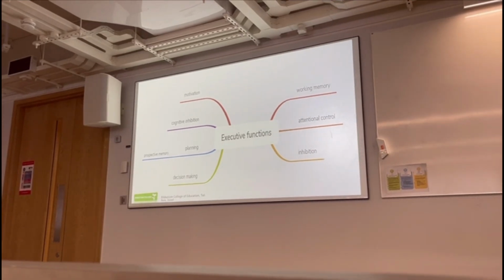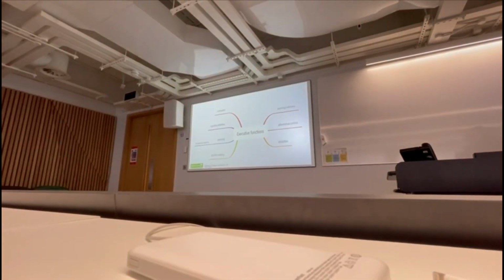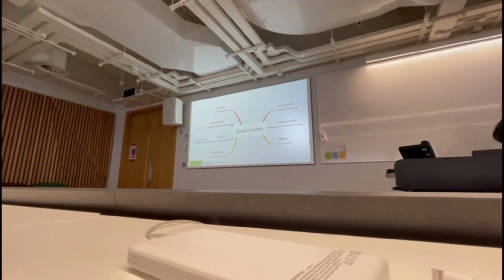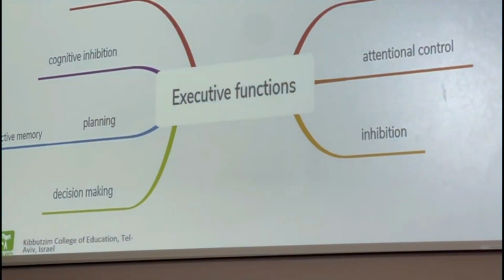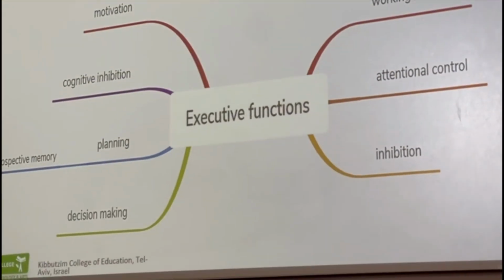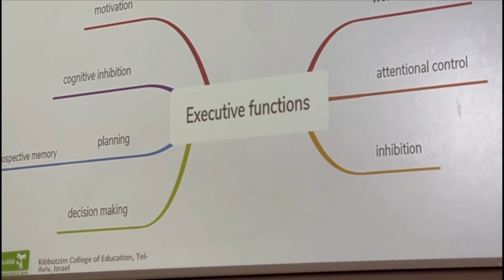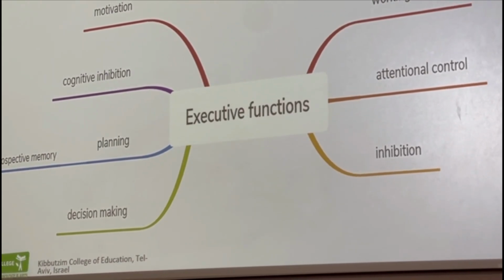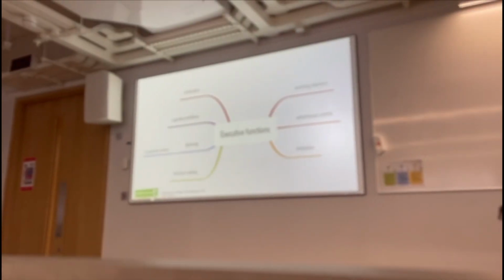Decision making, planning, which means also prospective memory. Prospective memory is a memory of the future, what I'm going to do, it's included in planning. And cognitive inhibition, how can I control my thoughts, and of course motivation, and many other very good capabilities of the human being.